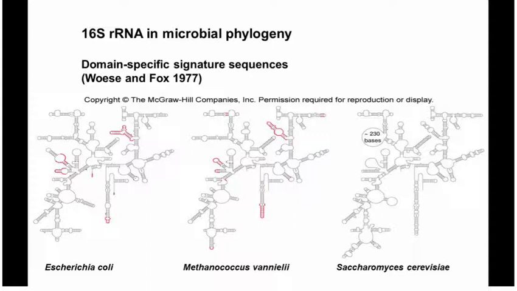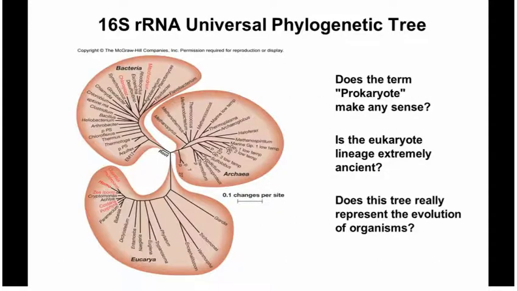And each of these three domains have very, very different types of 16S rRNA. And so often you can find universal phylogenetic trees based on 16S rRNA sequences, and they show you, you've got eukaryotes down here. Oh, here we are. Archaebacteria and eubacteria.